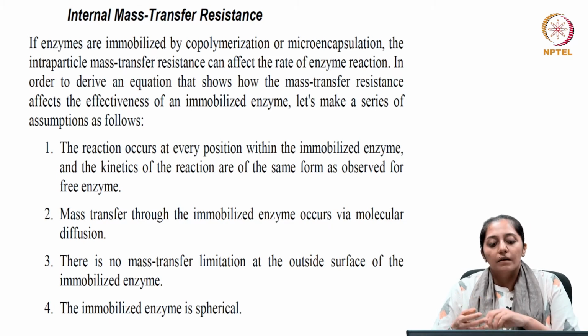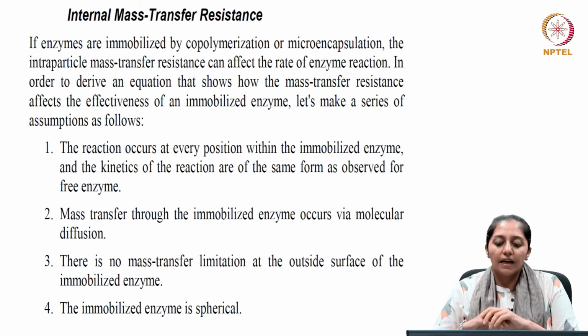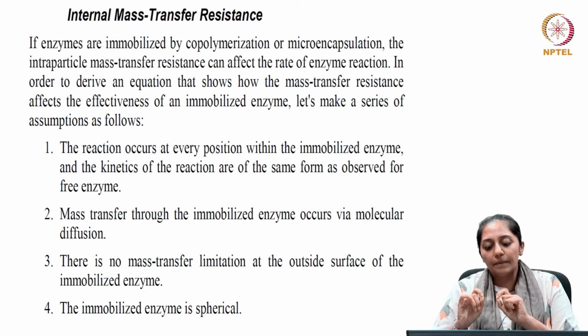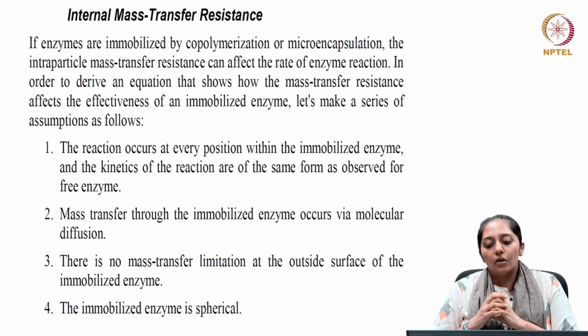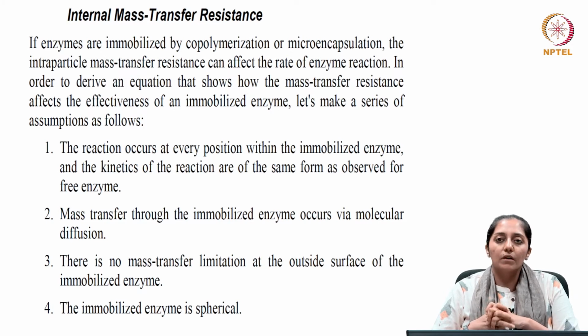First, we will assume that the reaction occurs at every position in the immobilized enzyme, and the kinetics of the reaction are of the same form as observed for the free enzyme. The second assumption, mass transfer through the immobilized enzyme occurs via molecular diffusion.